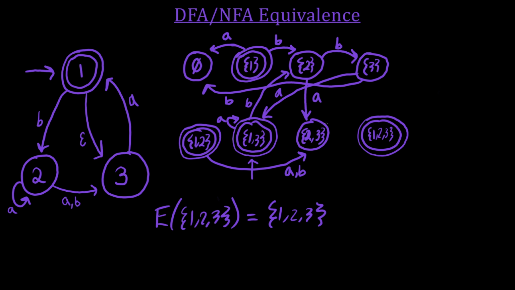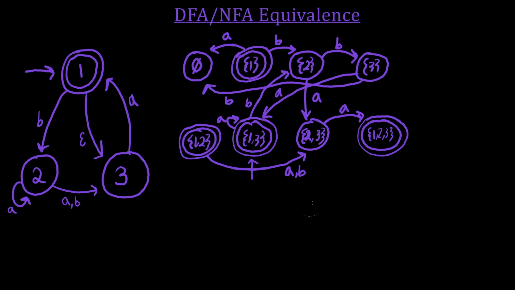So on 2, 3, we're going to transition to the state 1, 2, 3 on the character A. All right, for character B, if we start on 2 and 3, it looks like we can reach 3, and that's it. So we're going to take the epsilon closure of the set containing 3, which is just going to be the set containing 3. So on the character B, we transition from the state 2, 3 to the state 3.